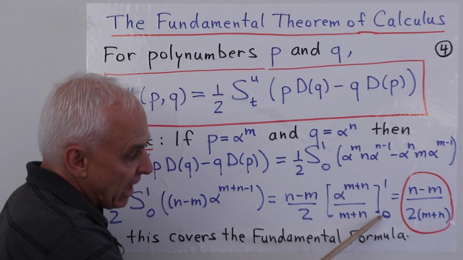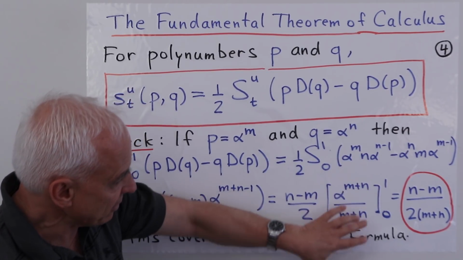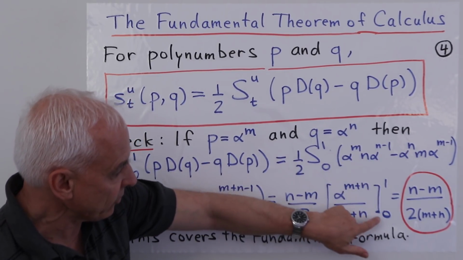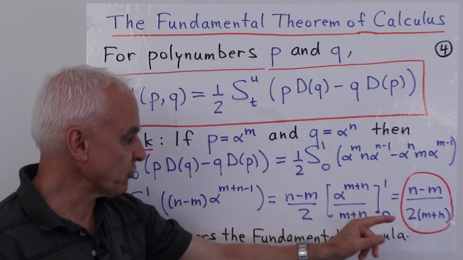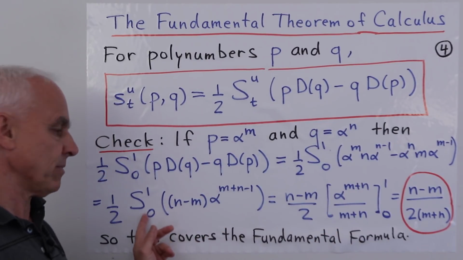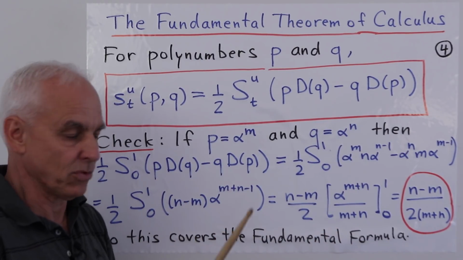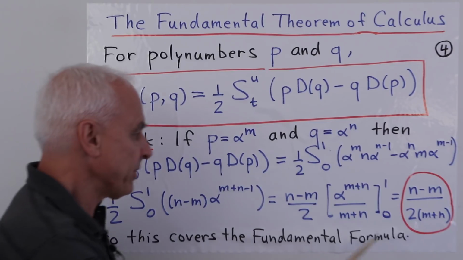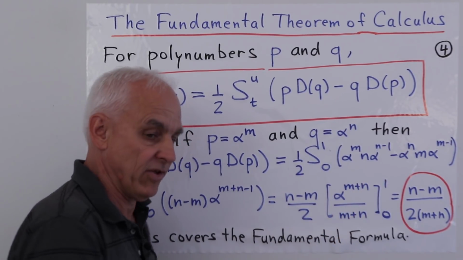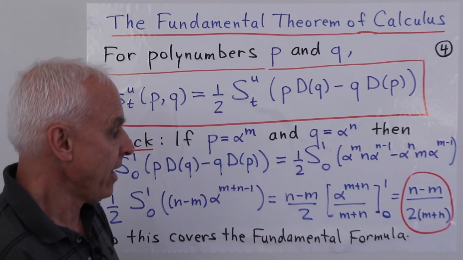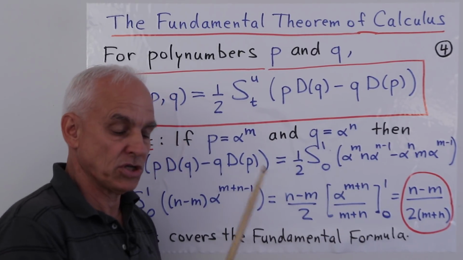And then we're going to evaluate that from 0 to 1, and we use this kind of convention. We put square brackets with a 0 down here and a 1. That means we're going to evaluate this at 1, and we're going to subtract the value at 0. That's the meaning of this relative integral. Okay, what happens when alpha is equal to 1? In that case, we're going to get 1 to the m plus n over m plus n, so just 1 over m plus n. And when we substitute 0, we're just going to get 0.